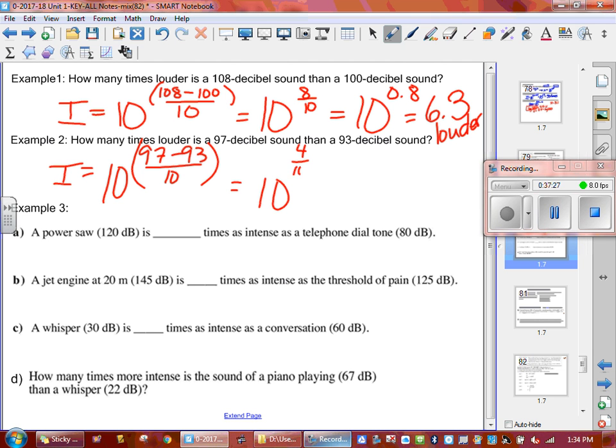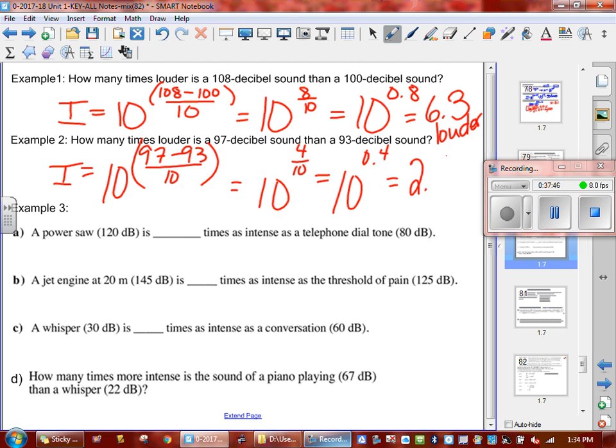So 10 to exponent 0.4 is how big? 2.5 times louder. Okay? All right, the next one.